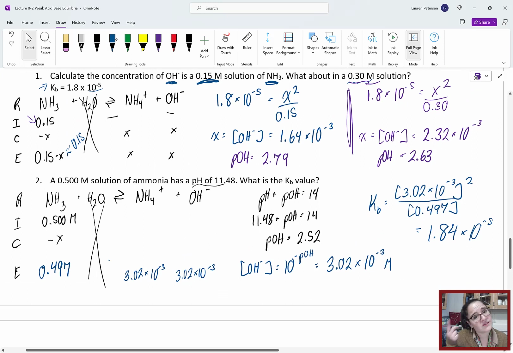Which makes sense because in the previous problem, we were given the Kb value, and it was 1.8 times 10 to the negative 5. So we know we're good there.